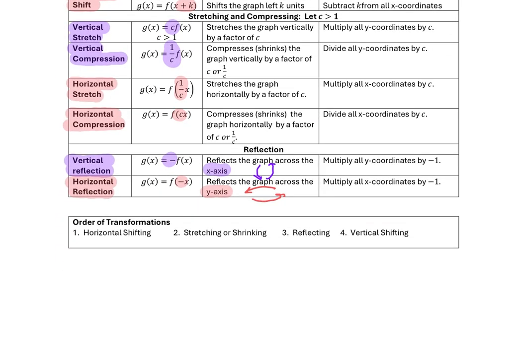We want to start with our horizontal shifting, meaning we add or subtract our x values. Then we do any stretching or shrinking and reflecting.